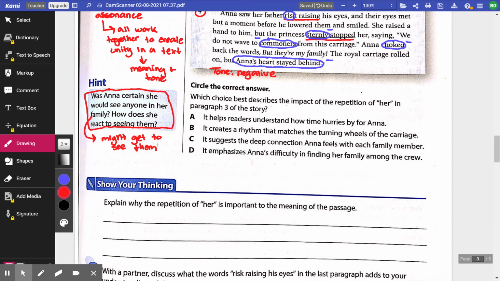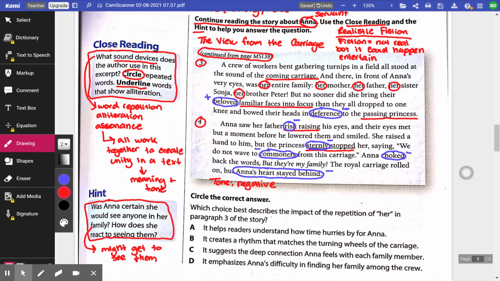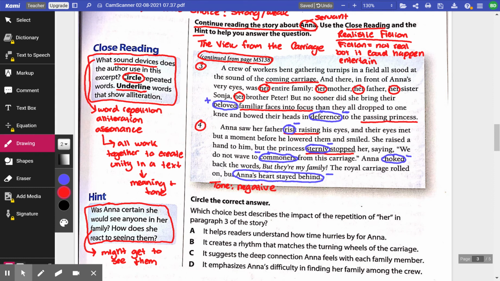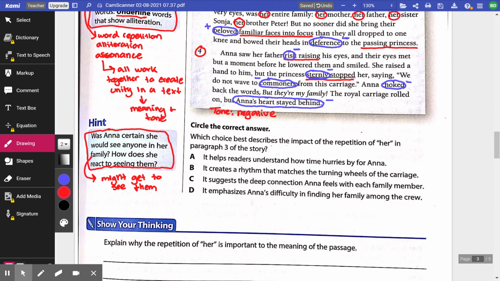So now we have to talk about how she reacts to seeing them. What does she do in response to seeing her family? Well, it says that she raises her hand to wave, right? So we already know that she's excited. She wants to wave to them. And then she kind of gets in trouble with the princess for that. So she's excited. She tries to wave at them.